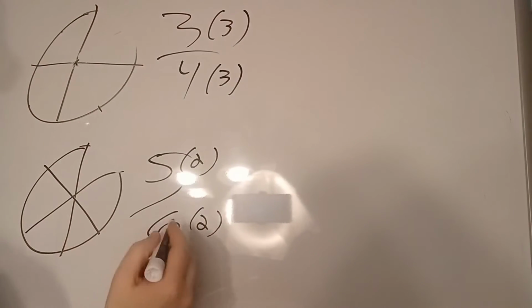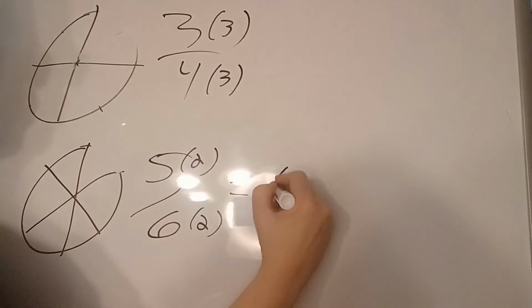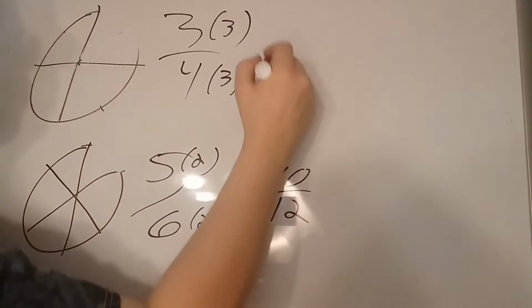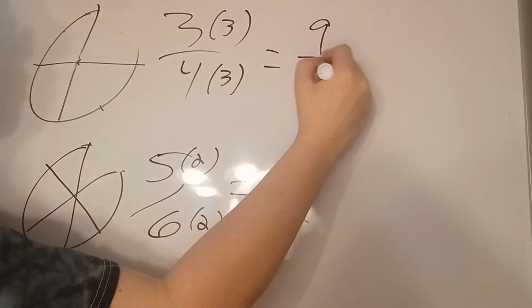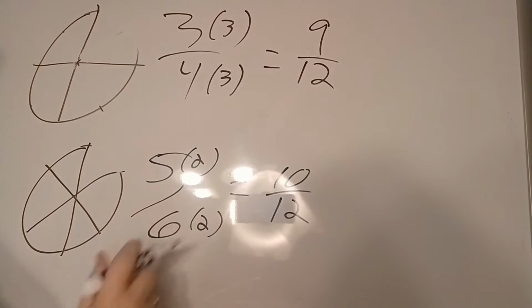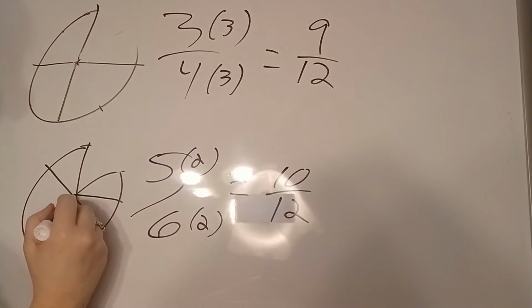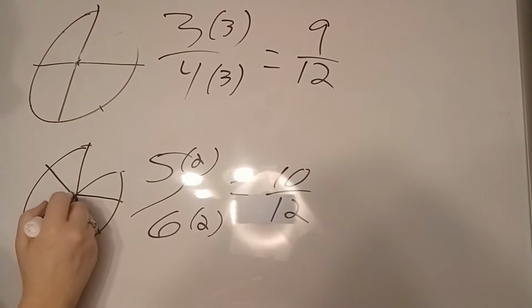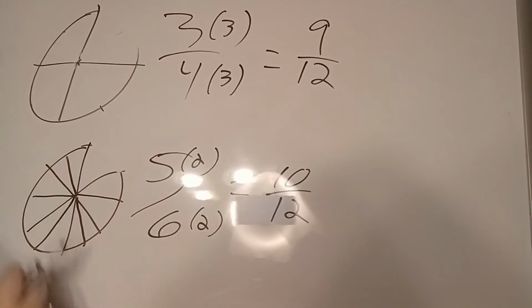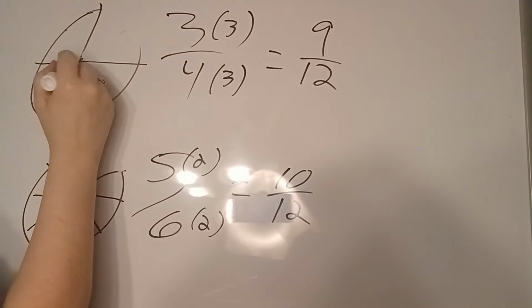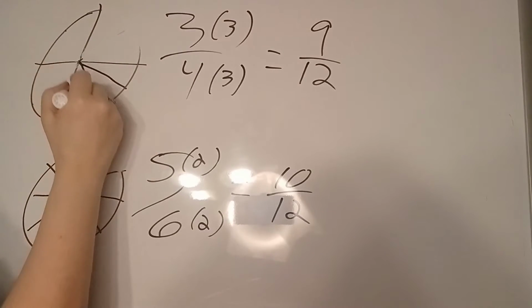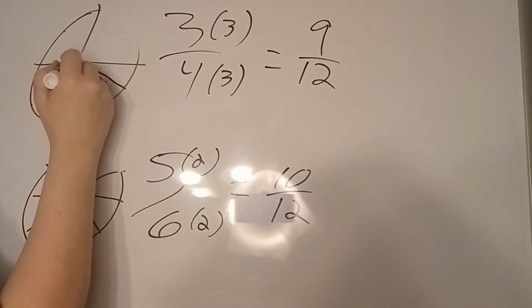Remember, we have to do the same to the top and the bottom. When we're multiplying this by 2, we're cutting each of the sections in half. When we're multiplying by 3, we're cutting each of the sections in thirds.